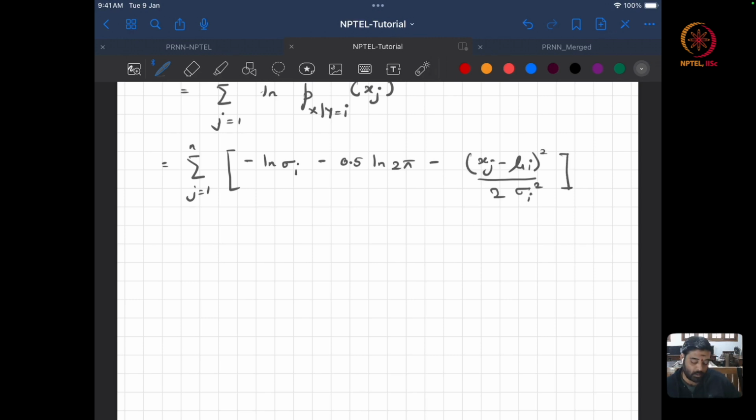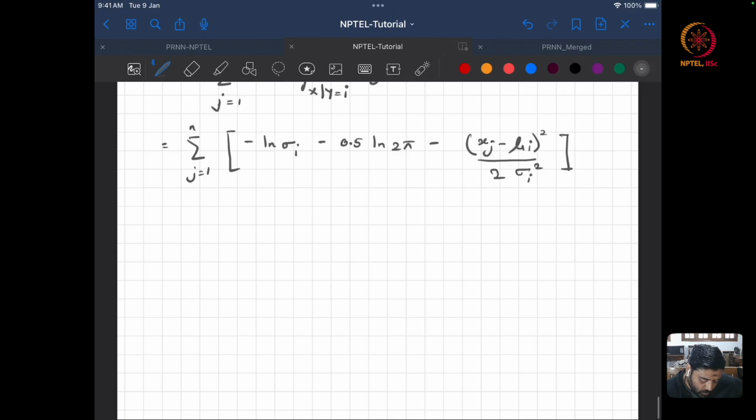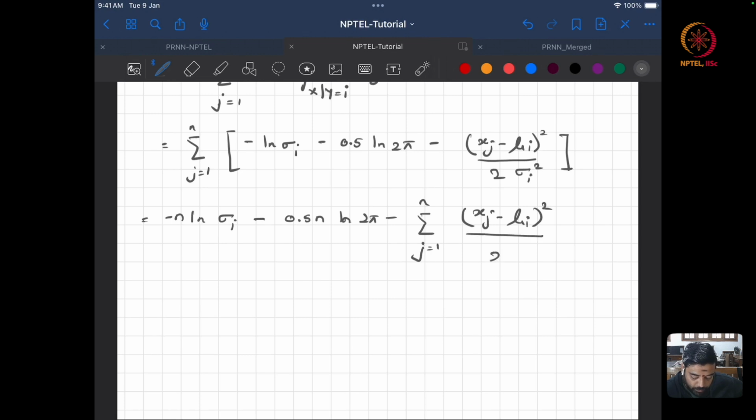Okay, so now if you take the summation inside, this is minus n log sigma i minus 0.5 n ln of 2 pi minus summation j equals 1 to n (xj minus mu i) whole square divided by 2 sigma i square.